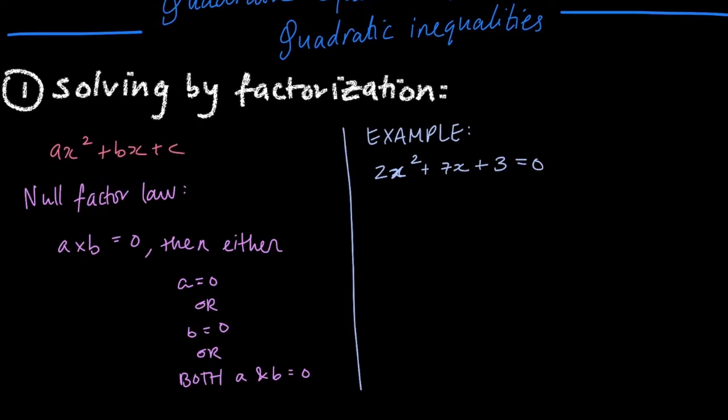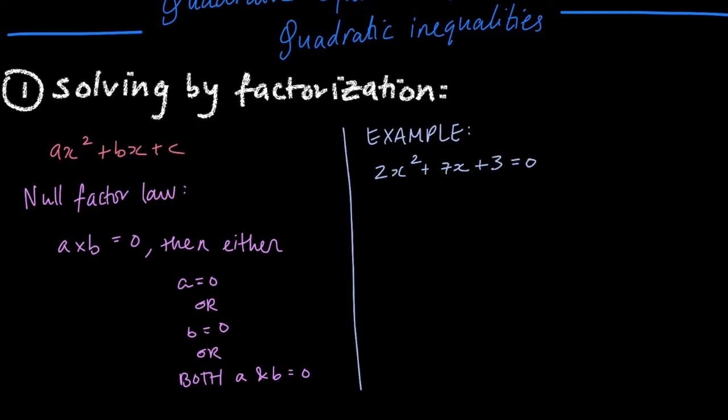Previously I wrote down that a has to equal 0, but I actually meant 1, because if a is equal to 0, there would be no x squared value. I meant when a is equal to 1.